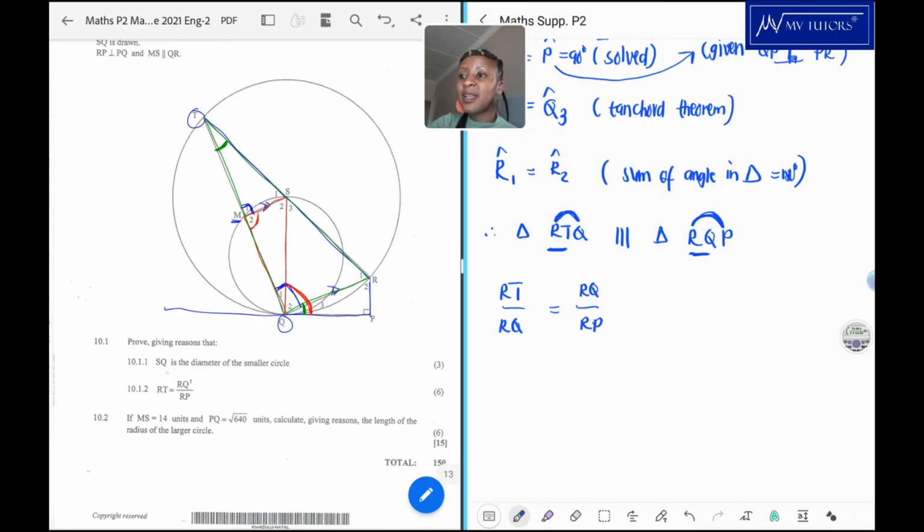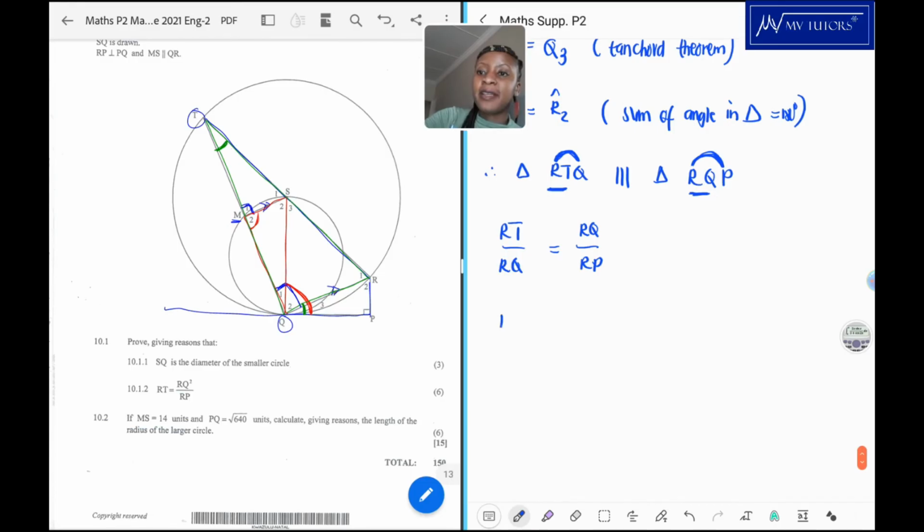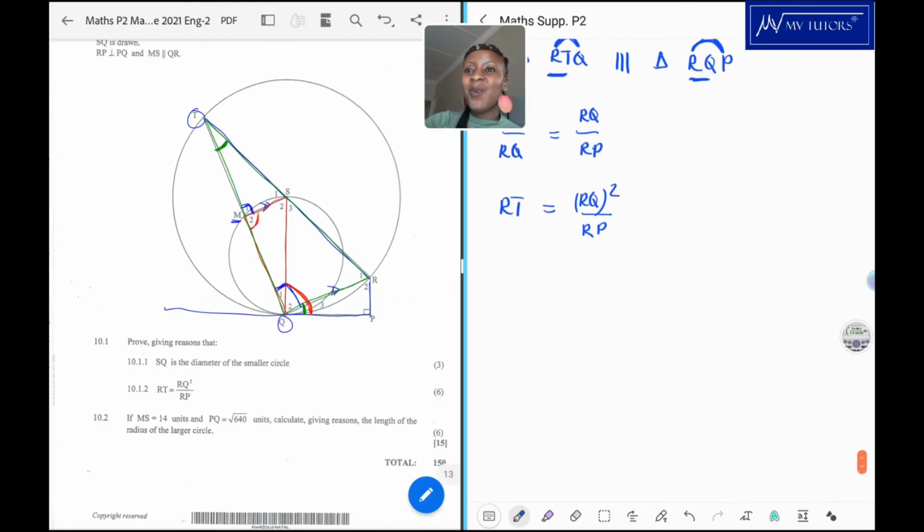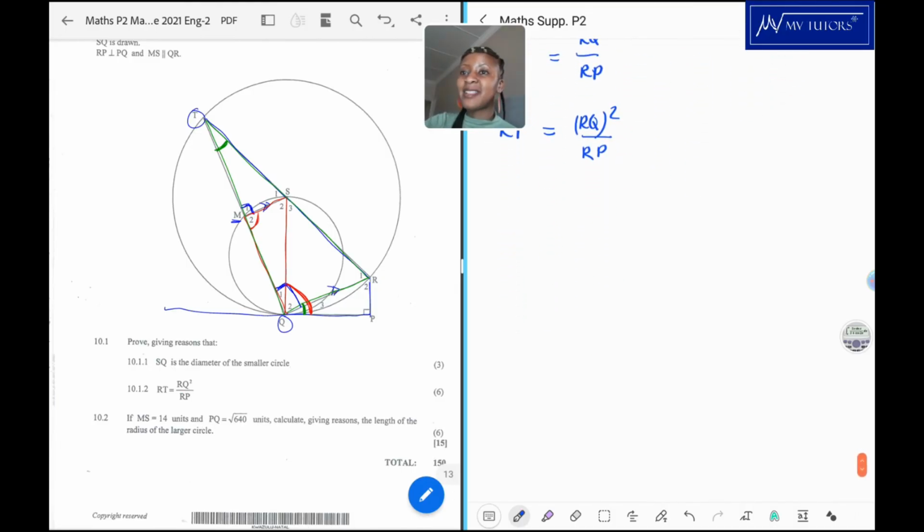So now, yeah, it's working out, guys. So if we simplify that, RT is actually equal to RQ squared all over RP. And we are done proving. We are almost there, guys. Okay, 10.2.